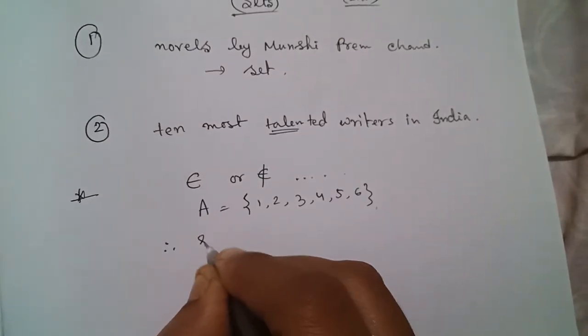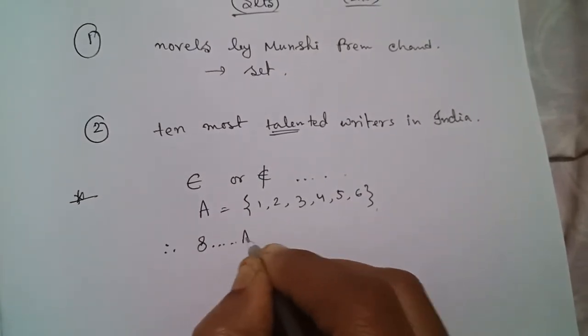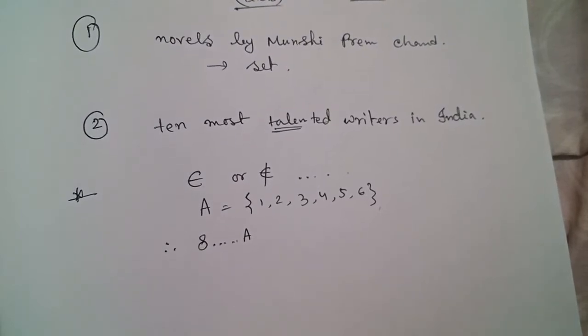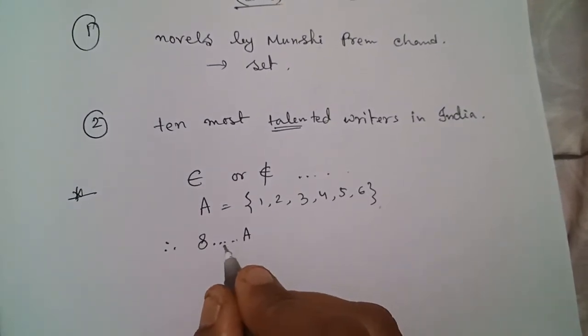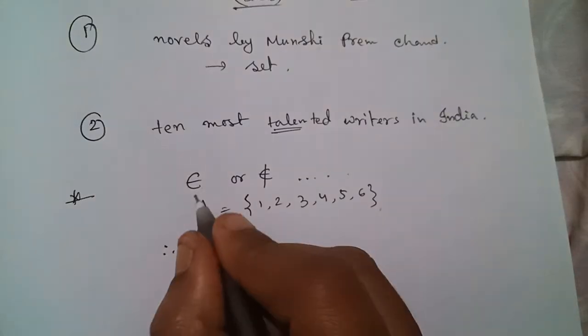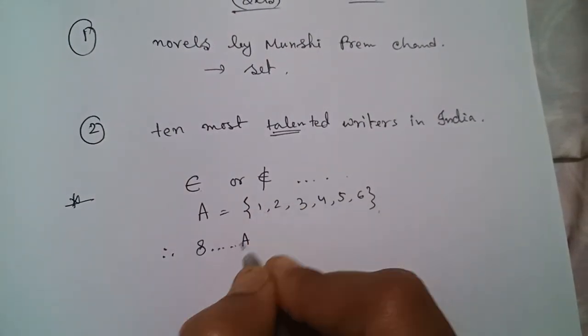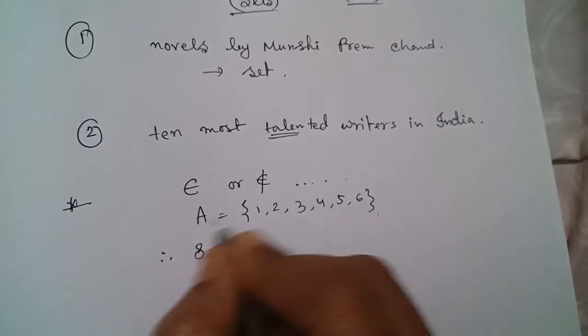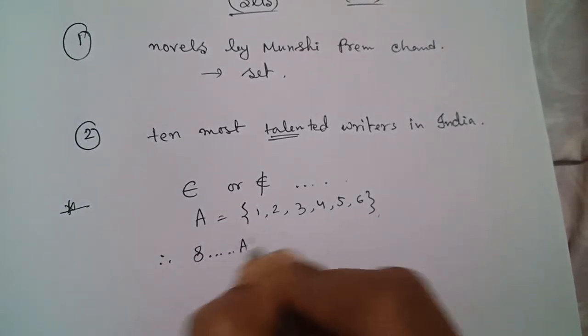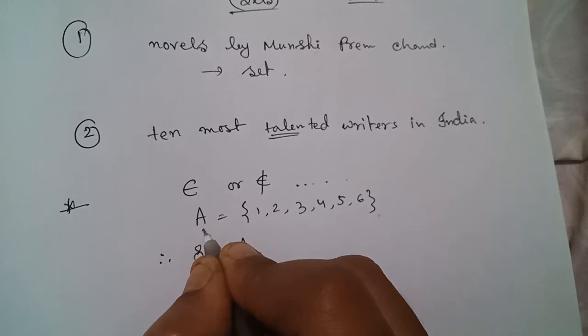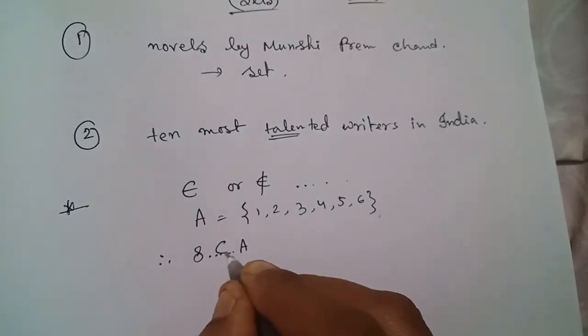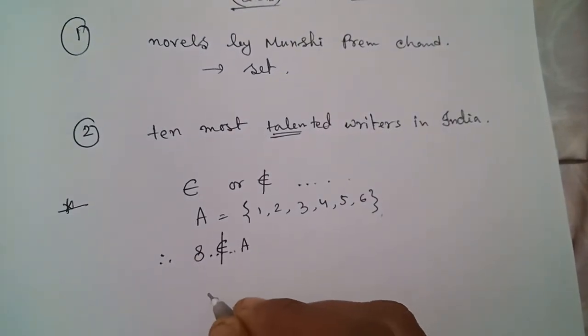Therefore 8 blank A. What will be here in the blank? Belongs to or doesn't belong to. You can see from this set, 8 is not an element of the set A. That means 8 doesn't belong to A.